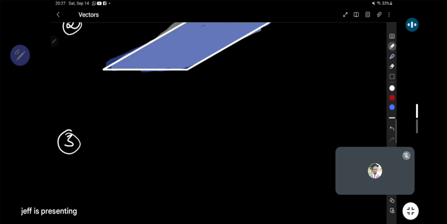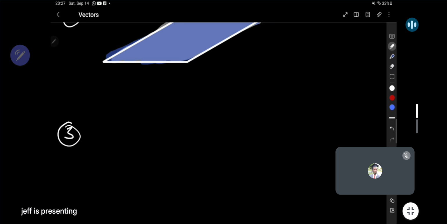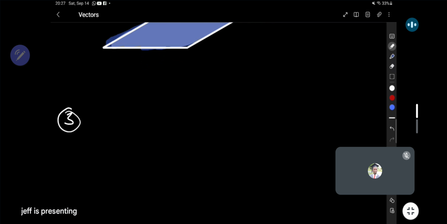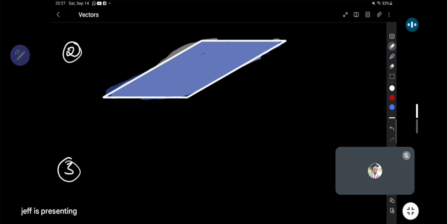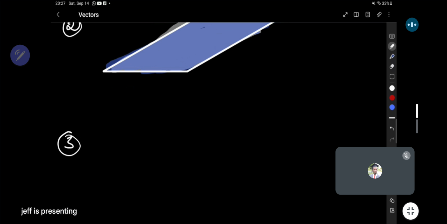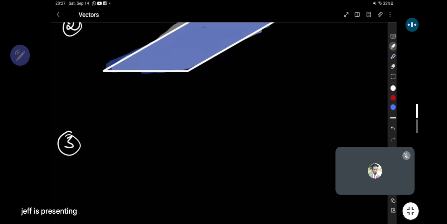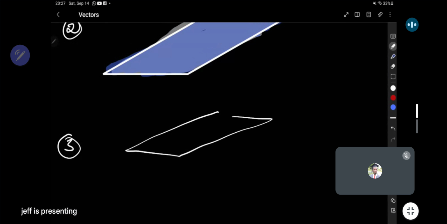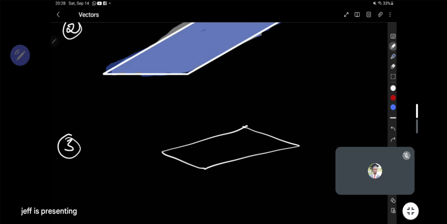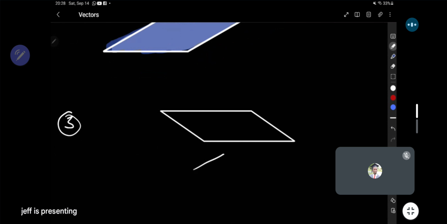Now, for the third part, it's possible that the two planes are parallel to each other. Here we said they coincide, but it's also possible that the planes are parallel and they do not coincide. So just like we saw in the first case, you have one plane here, and then maybe another plane somewhere down here.